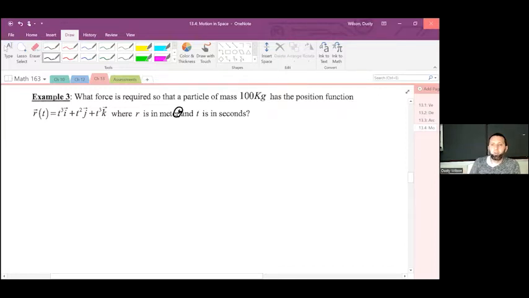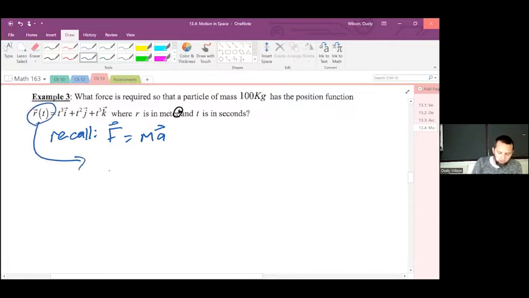All right, how do we solve this? Well, recall that F equals ma, or force equals mass times acceleration. And so since we're given the position, this tells us that we could also find our velocity.